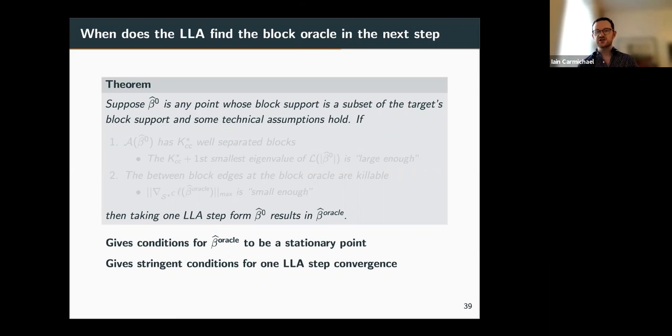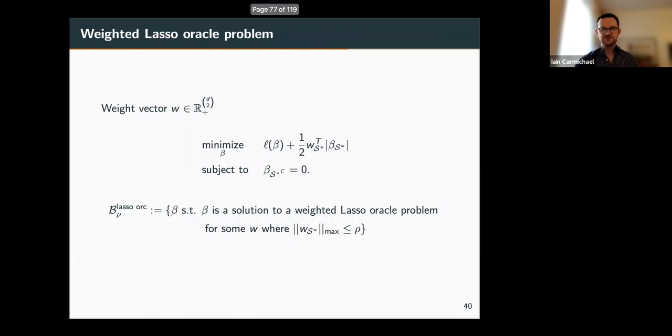First, it gives conditions when the oracle is a stationary point of the Laplacian penalized problem, and so this answers our first question. It also gives conditions for one-step convergence of the LLA algorithm, but it gives pretty stringent conditions. And so, by taking two steps, we can relax our conditions to be a little more reasonable.